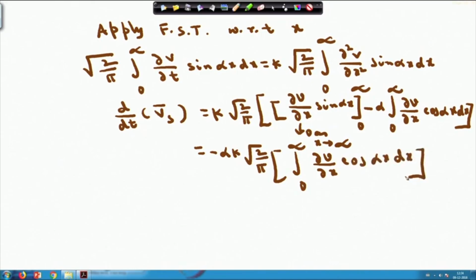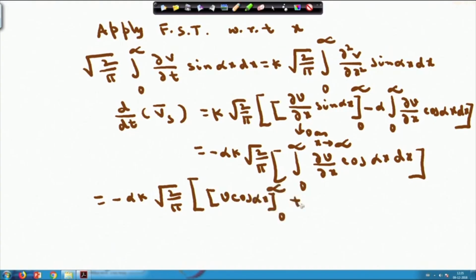And again evaluate this integral. Evaluating minus αk √(2/π) times this integral, you will obtain v cos(αx) from 0 to infinity plus α ∫ from 0 to infinity of v sin(αx) dx. This first part again will vanish.